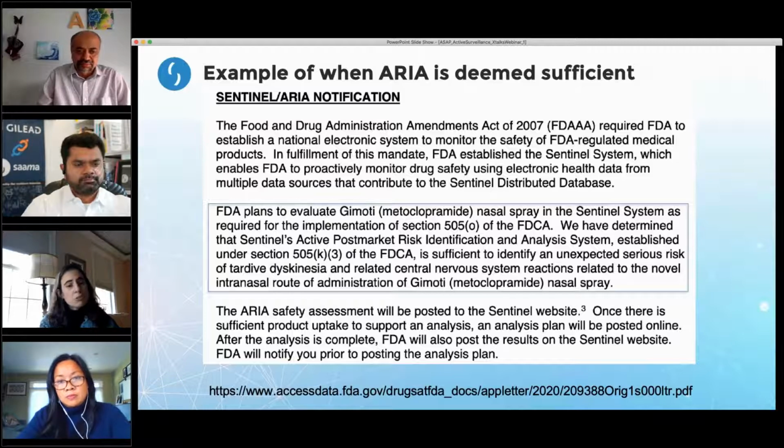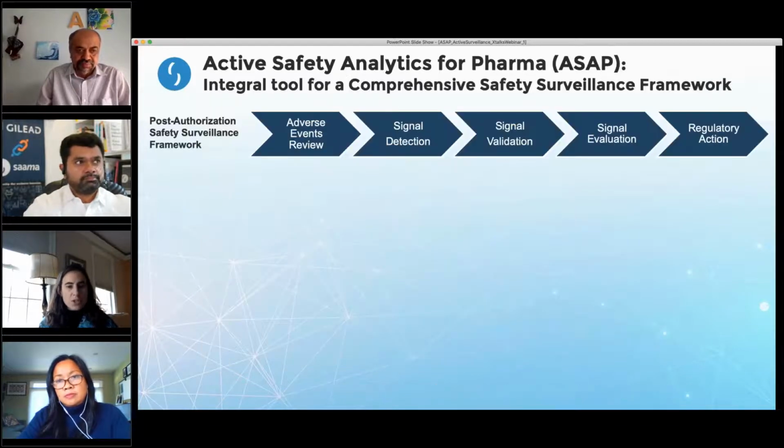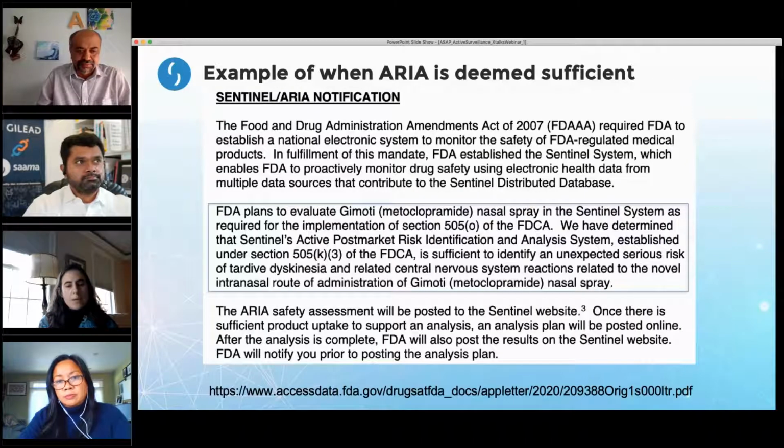And they've also started to include this information in the label. There's a letter that sponsors receive when they have a product that's been approved, and on the screen is an example of that. It will say that the FDA plans to monitor this particular product in the Sentinel system as required by the 2007 Amendments Act.